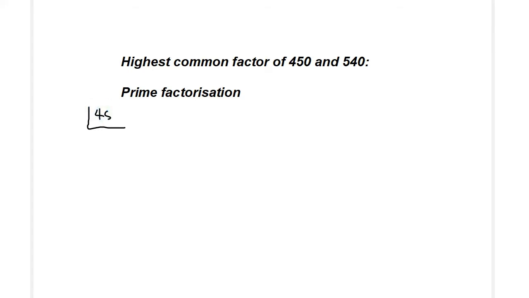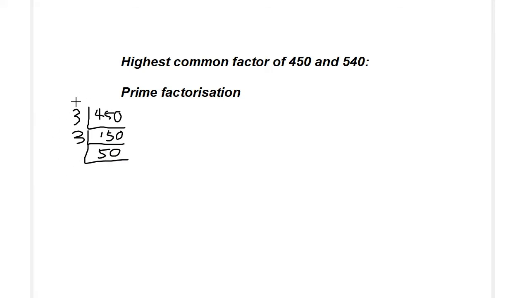So let's say 450, and here you input prime numbers that you can divide this number by. I can put 3, which is a prime number. 450 divided by 3 is 150, and then you can divide by 3 again to get 50.